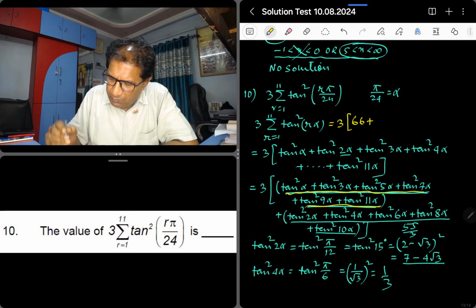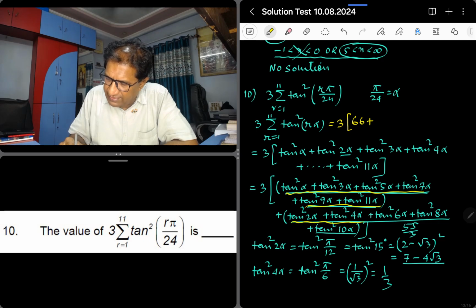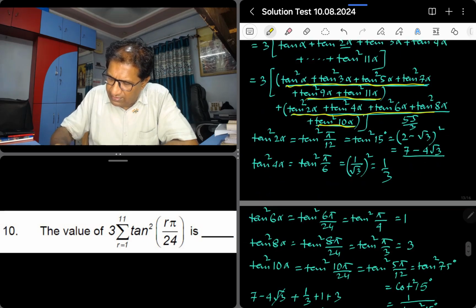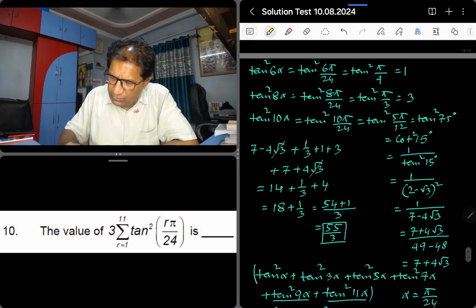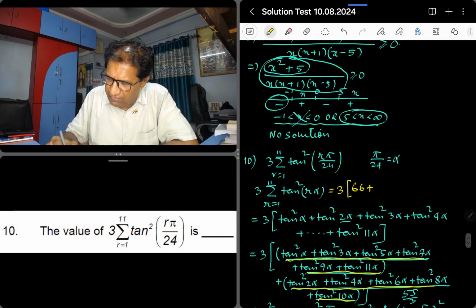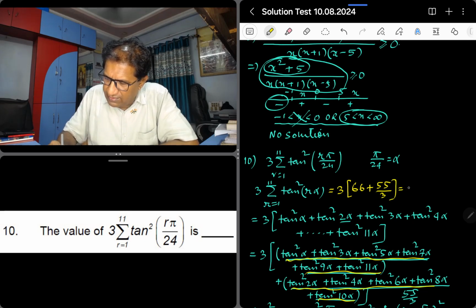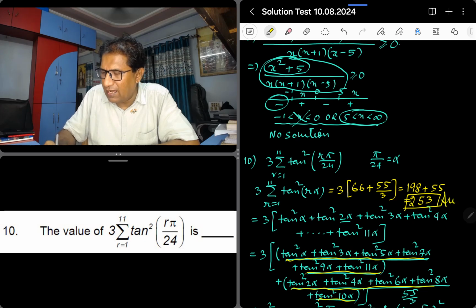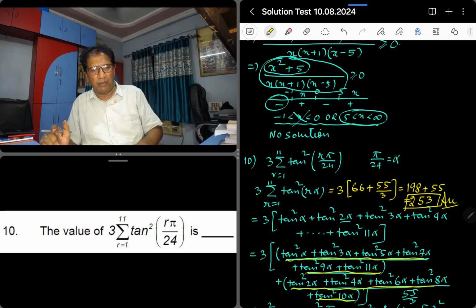This is 66 plus the second part, that is this part, we got the result as 55 over 3, right? Now if I open the bracket, it is 66 into 3 is 198 plus 55. So if we add, 253 is the correct answer for this problem.